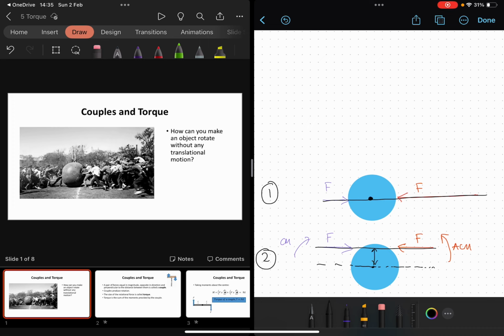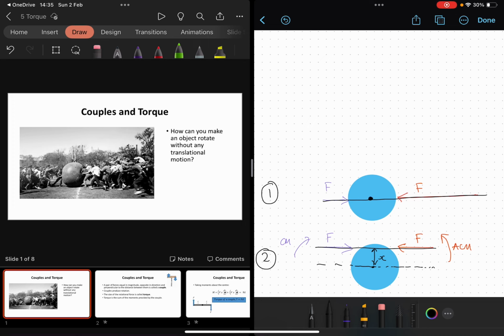Now there is a distance, isn't there, between the line of action of each force and the pivot. So Team Red are applying an anti-clockwise moment. Team Blue are applying a clockwise moment. It now comes down to who can apply the biggest moment. Either strategy would work, the first strategy being the most efficient.